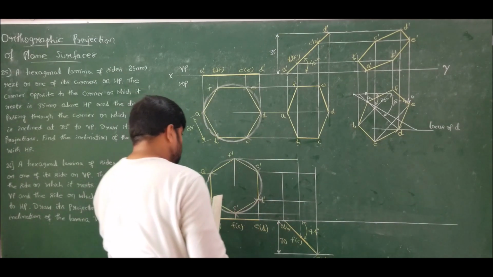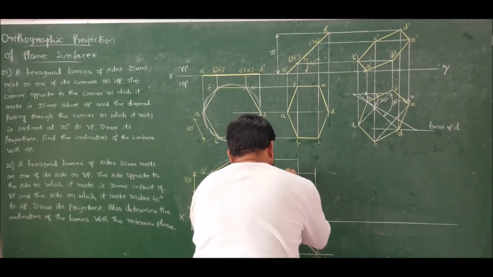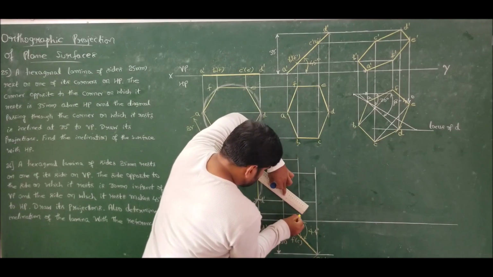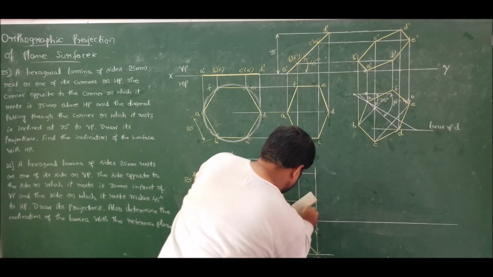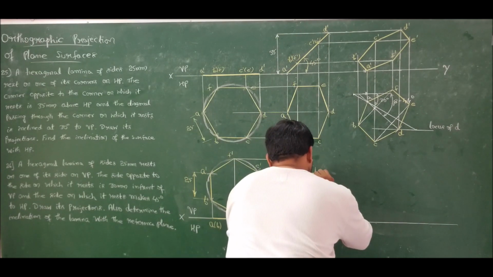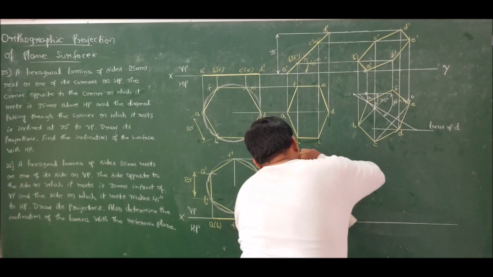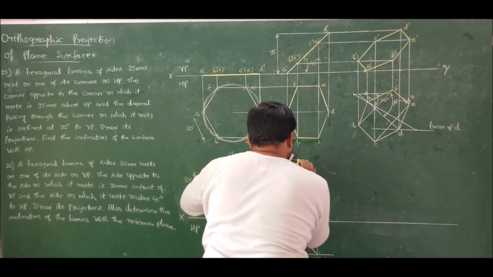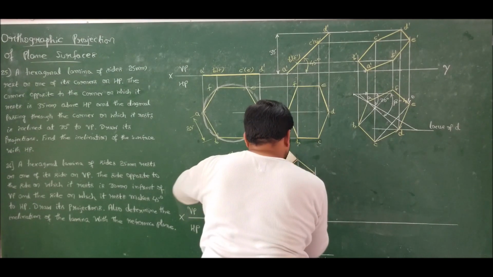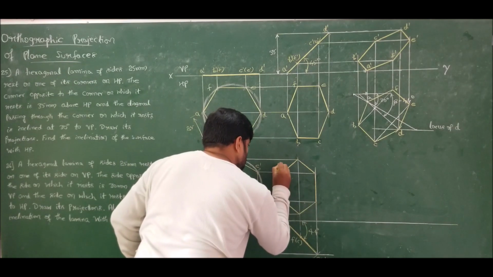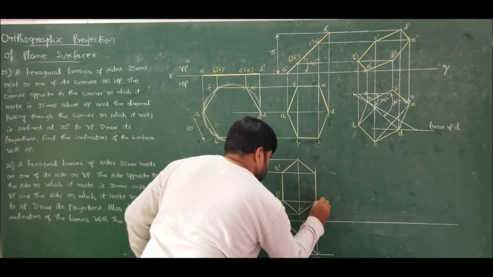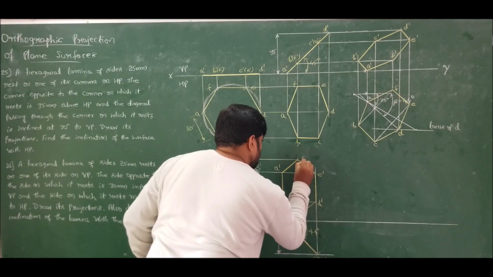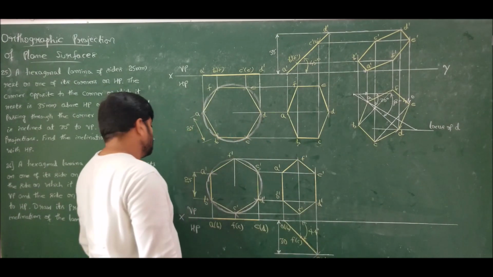Now join these things. We have AB, BC, D, then E, finally F, and again connect to A. That is A dash, B dash, C dash, D dash, E dash, and F dash.